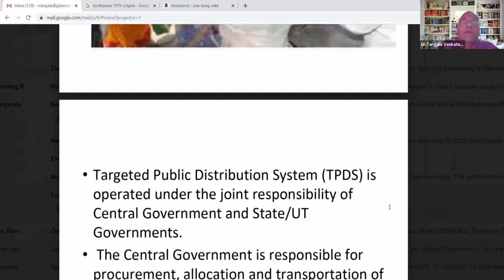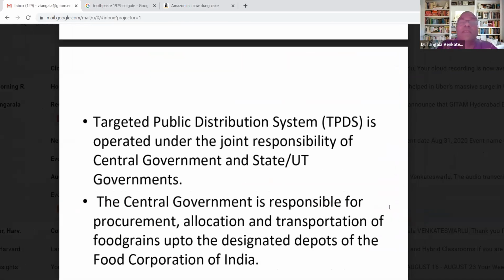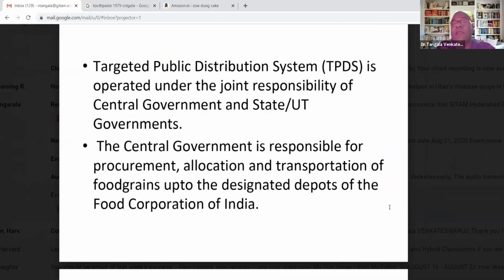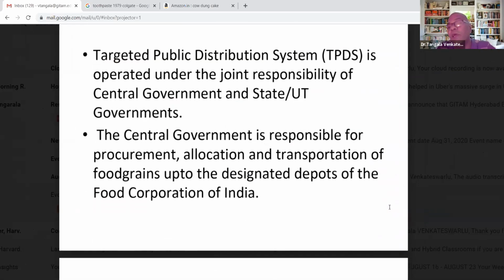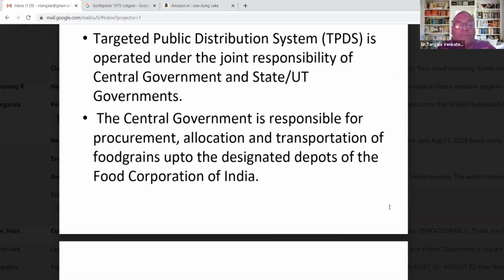So here, this public distribution system is operated with the joint responsibility of state and central governments. The central government is responsible for procurement, allocation and transportation of food grains up to the designated depots. These godowns, warehouses, are owned by FCI, Food Corporation of India.